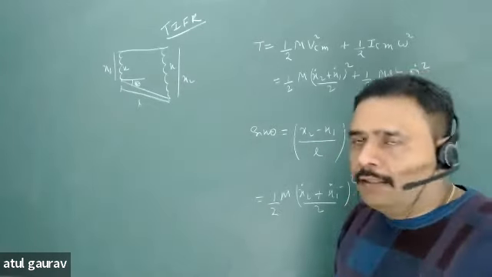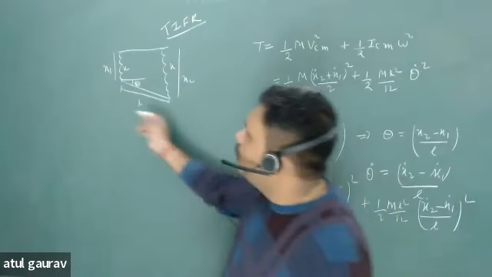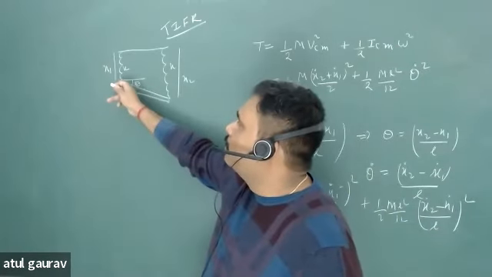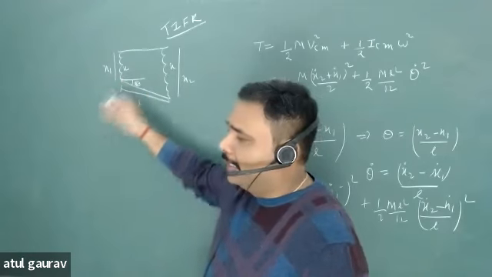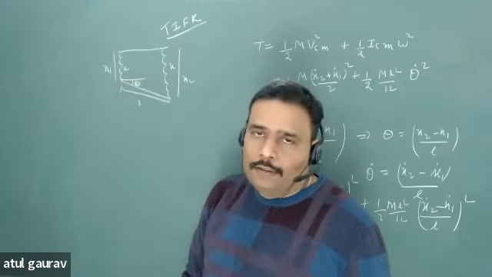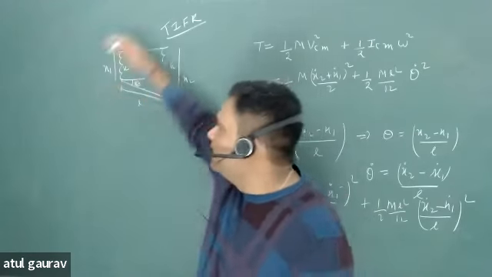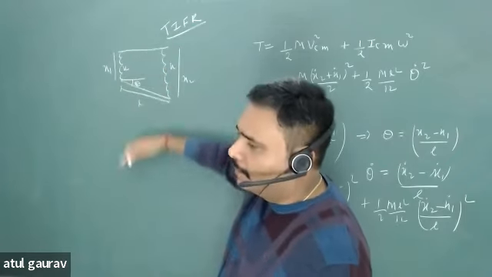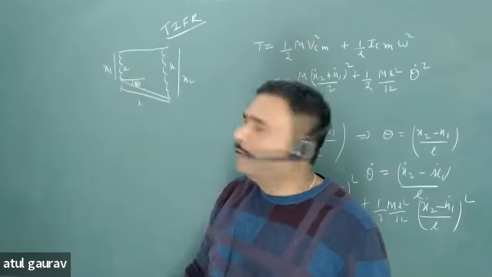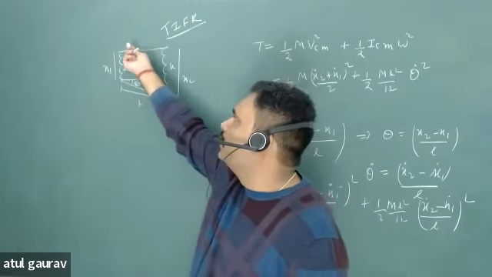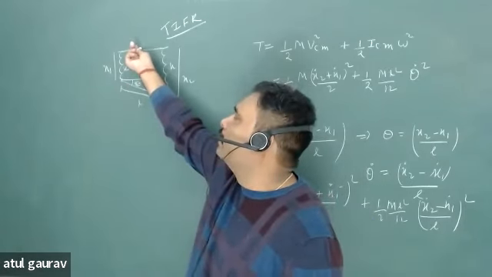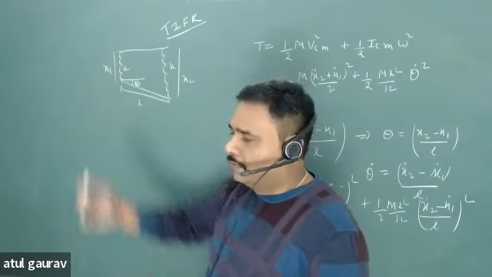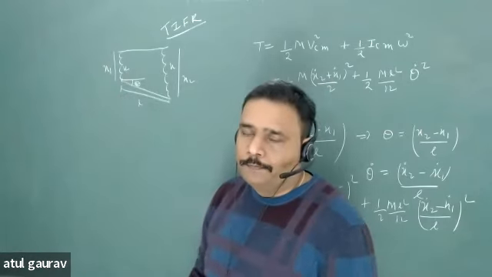But look at, and again, you cannot assume that this particular rod is moving about this point as pure rotation. This is not a case of pure rotation because the center of mass is just moving every time. If we are taking this as origin, it will be just changing every time.